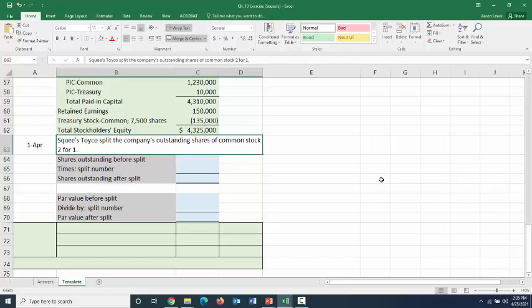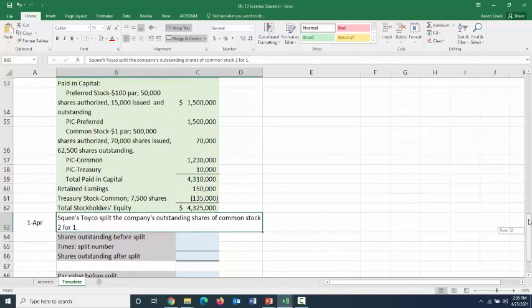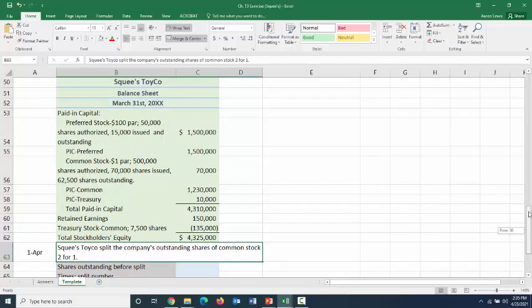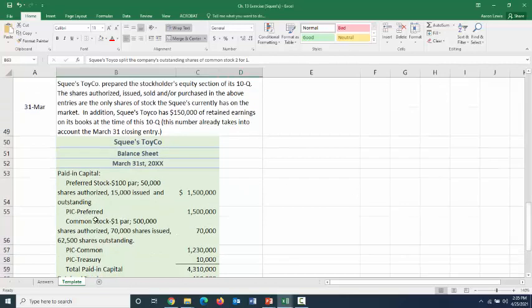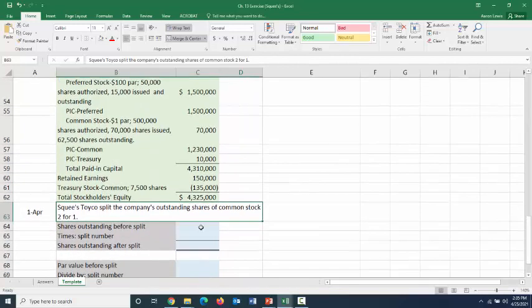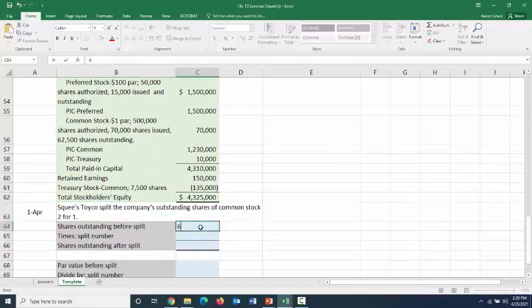So we need to start this by figuring out how many shares we have outstanding before the split. Well, thankfully we put that information into the equity section of our balance sheet, and our common stock at this time has 62,500 shares outstanding. So we're going to fill in that information, 62,500.